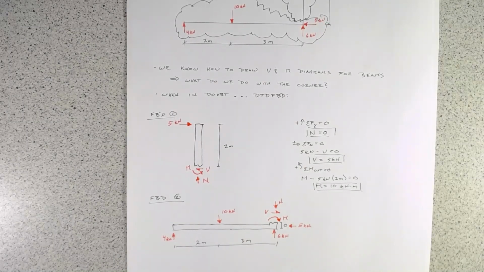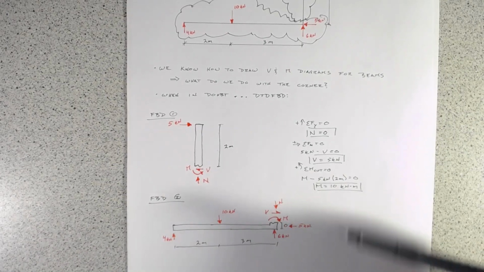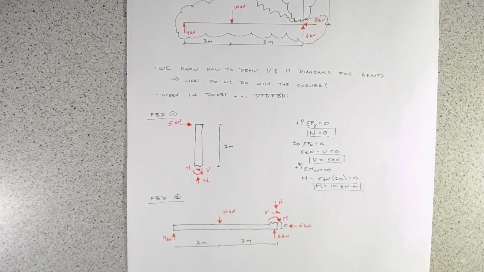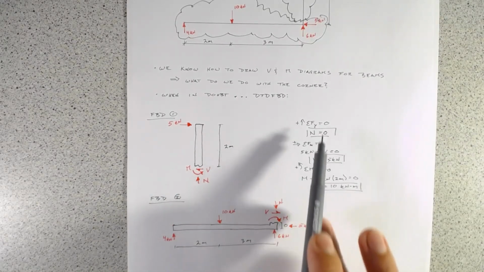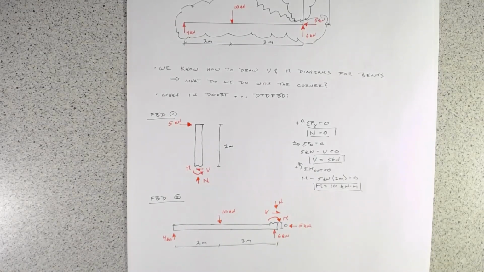Let's look at the second one. Essentially with the second one, because we now know M, we know V, we know N, we can use this as a statics check because they should just be equal and opposite. But what I want to show you is I'm not going to plug these values in. Instead, I'm just going to solve this free body diagram for equilibrium, and you'll see that we end up with essentially the same exact answers.